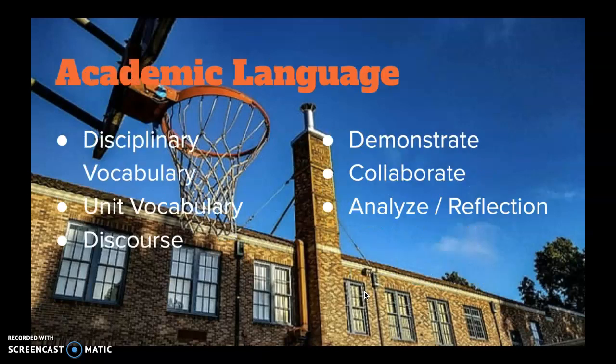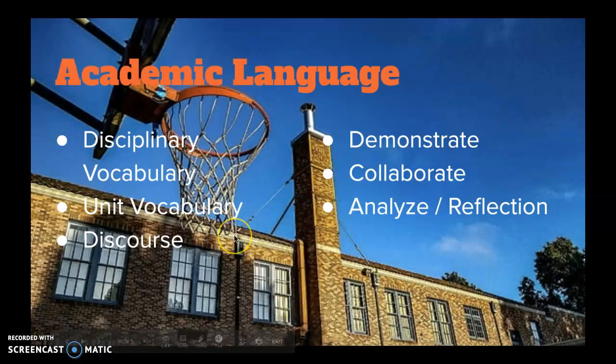Next is academic language. There's disciplinary vocabulary, unit vocabulary, and discourse. And the way that we do that is by demonstrating, collaborating, analyzing, and reflecting. So disciplinary vocabulary is more like running, passing, things that you do as a whole in PE, words that students need to know.